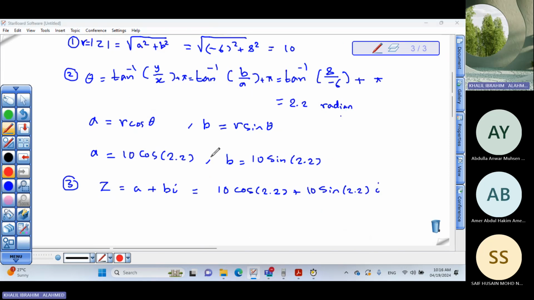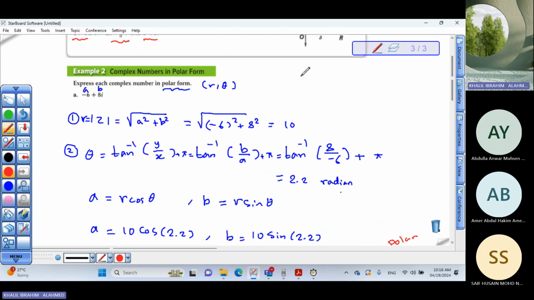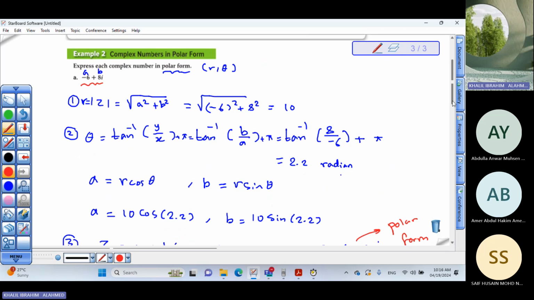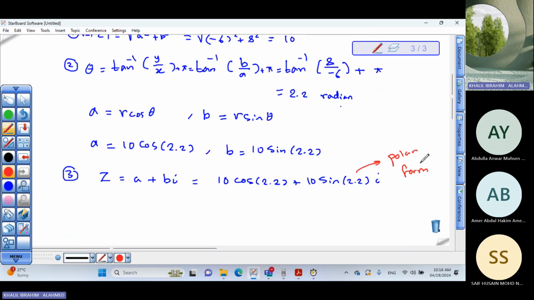This is the final polar form. As you see, this complex number is converted and written in polar form.